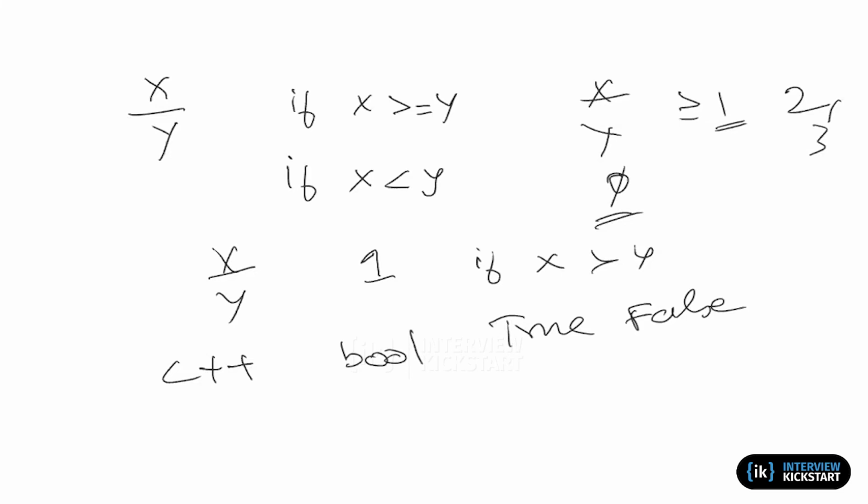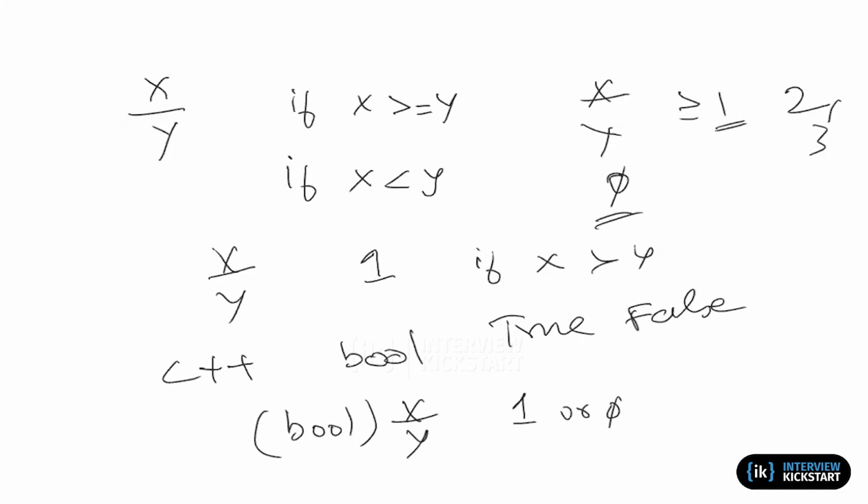But in C++, when you cast an integer value to a bool, it will give you either a 0 or 1. So you could use that. When you say bool of x by y, depending on whether x is greater than or equal to y, it will give you a 1 or a 0.